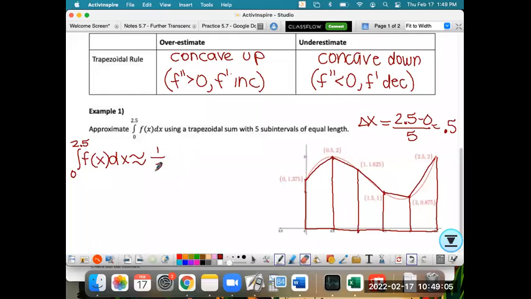So 1/2 times, I'll do 0.5 for that. 1.37. Yep. So 1/2 times the width of the bottom, or that delta x, then times those two heights, the function values.